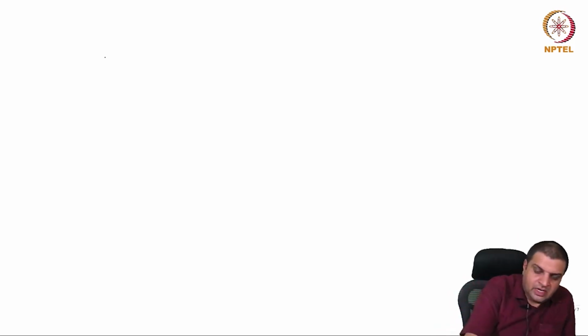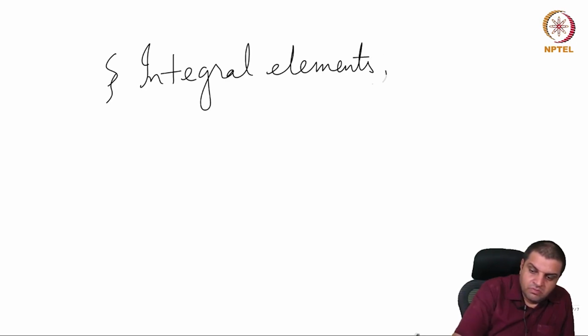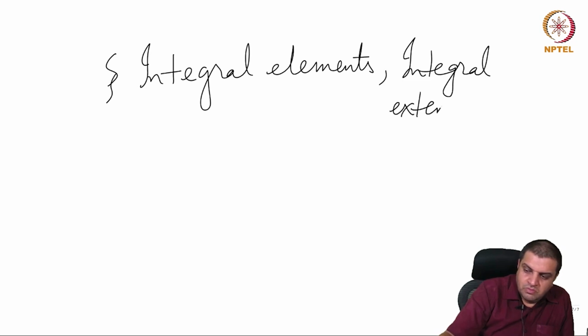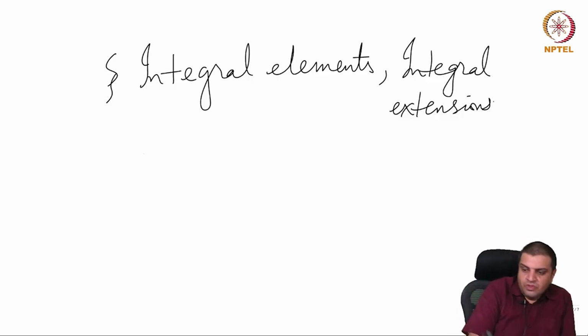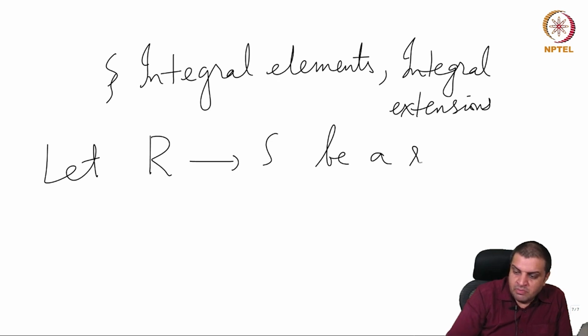So now we start a section called integral extensions, integral elements. Given a map R to S, let R to S be a ring map.